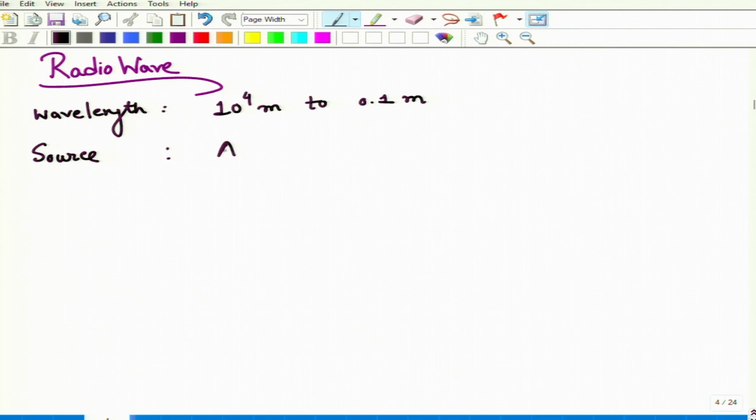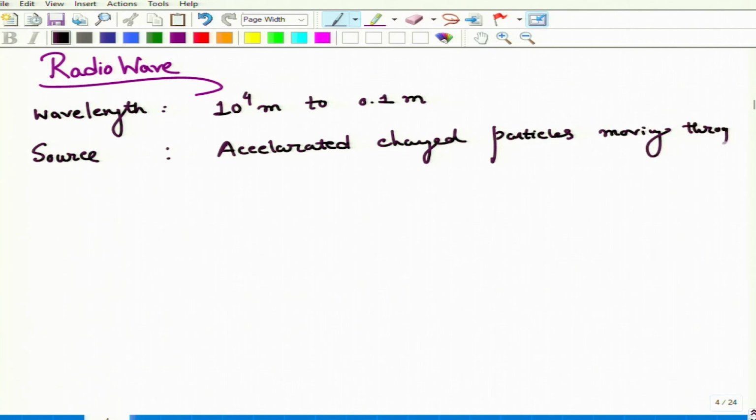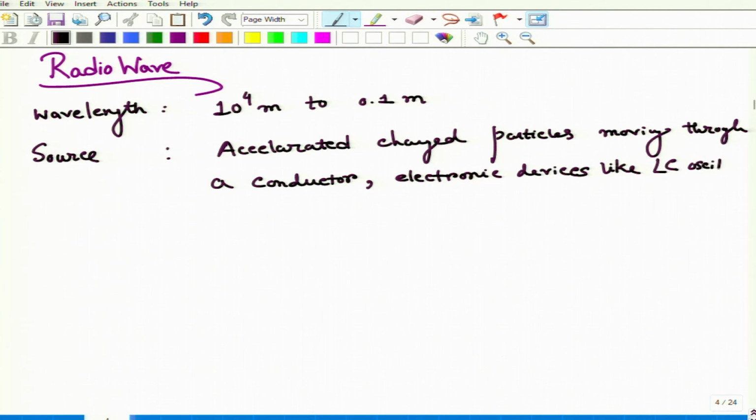That is an accelerated charged particle moving through a conductor, or electronic devices like an LC oscillator. That is a source.